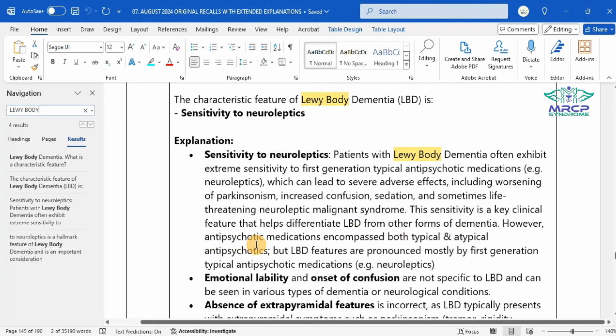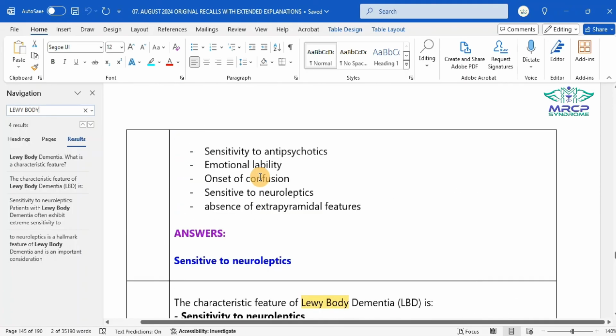However, antipsychotic medication encompasses both typical and atypical antipsychotics, but the LBD features are pronounced mostly with first generation typical antipsychotic medication, meaning the neuroleptics. So sensitive to neuroleptics is the most appropriate answer.